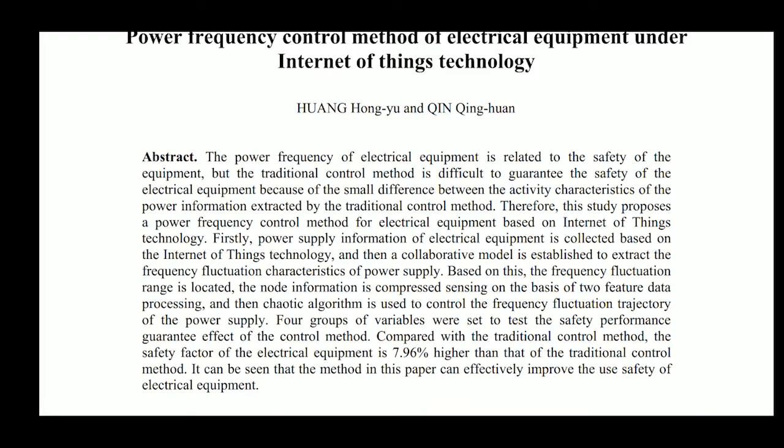Compared with the traditional control method, the safety factor of the electrical equipment is 7.96% higher. It can be seen that the method in this paper can effectively improve the use safety of electrical equipment.